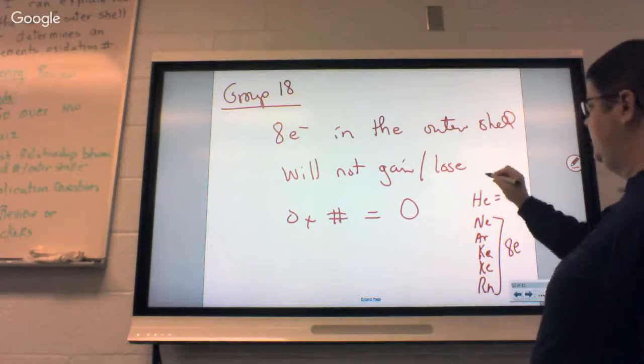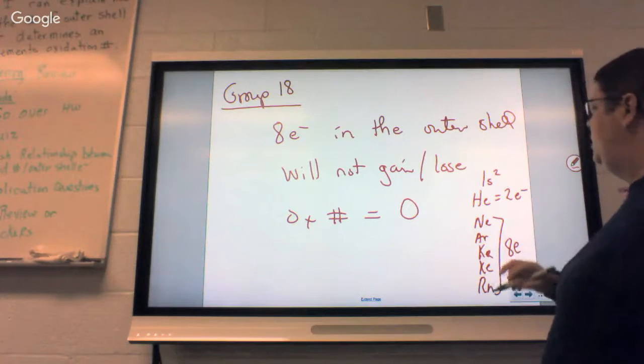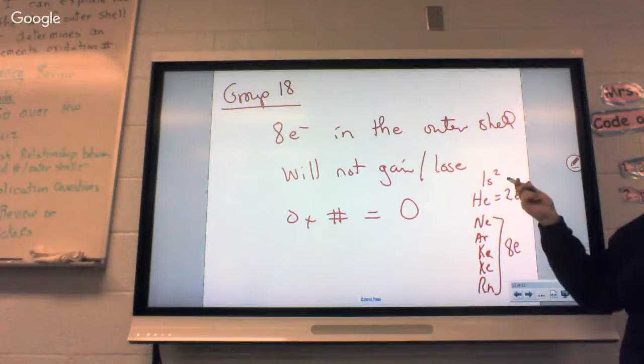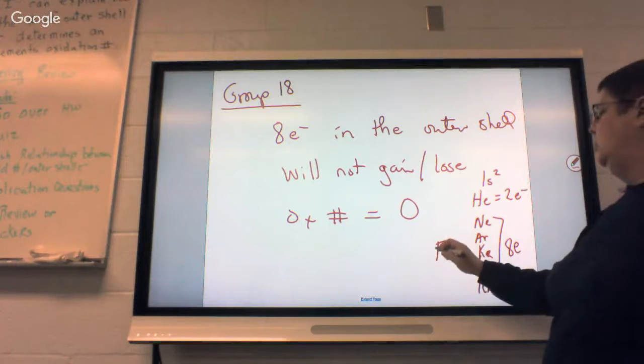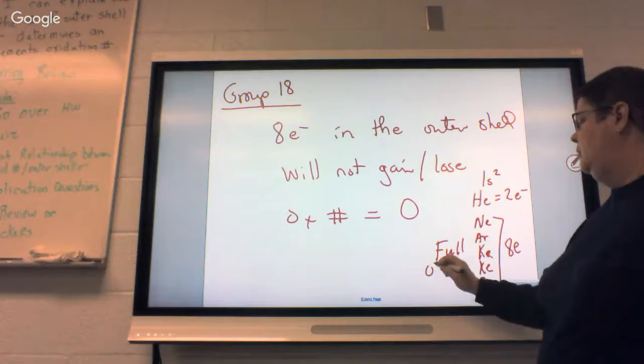The only reason helium doesn't is it only has one s orbital, but it's considered a noble gas because it has a full outer shell. So a lot of times instead of calling them octets, we'll refer to these as being full outer shell.